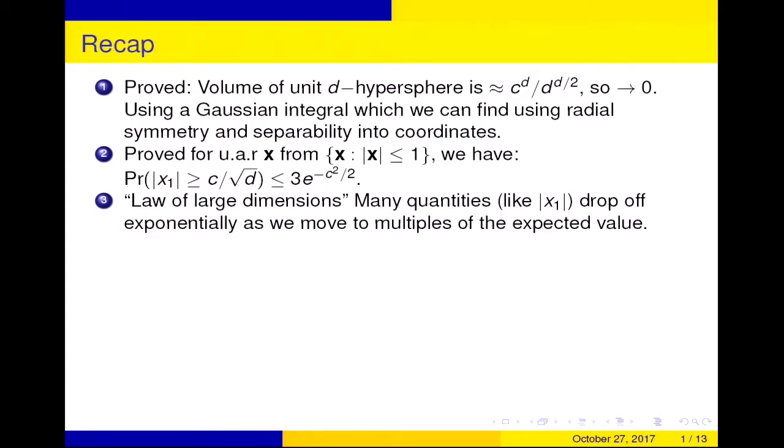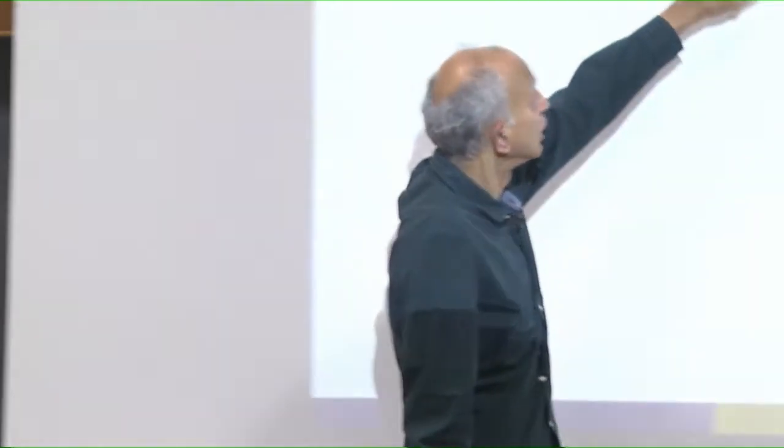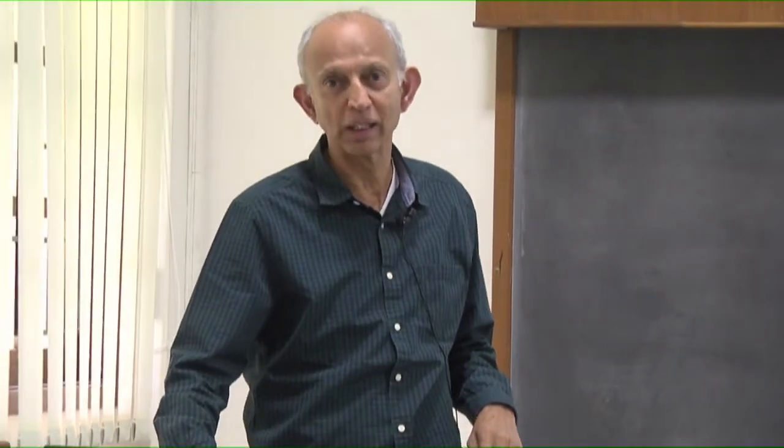That is to say, they drop off exponentially as we move to multiples of the expected value. As soon as you take twice, thrice, or c times the expected value, it goes down as e to the minus c or e to the minus c squared. Often e to the minus c squared. So e to the minus x squared is an important function because it's a Gaussian, right? And we'll see that several times.